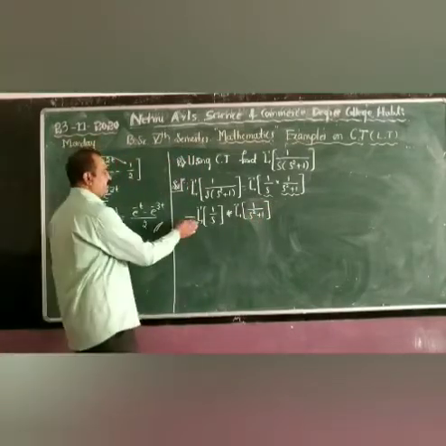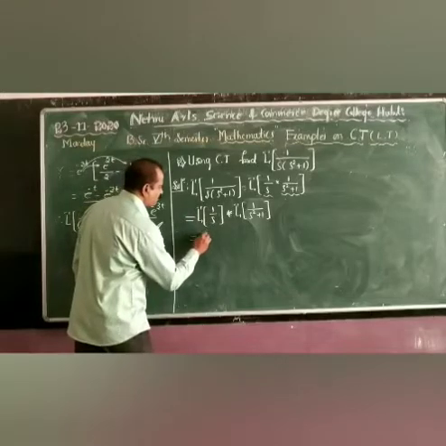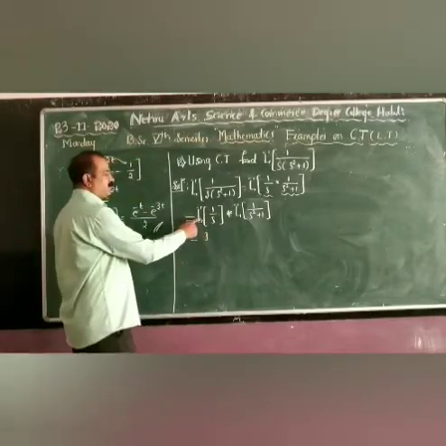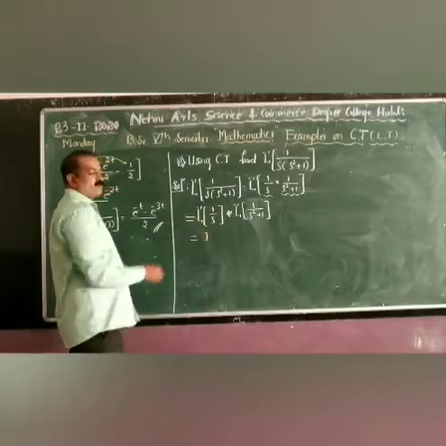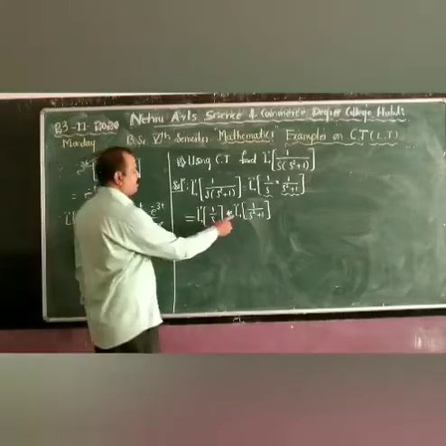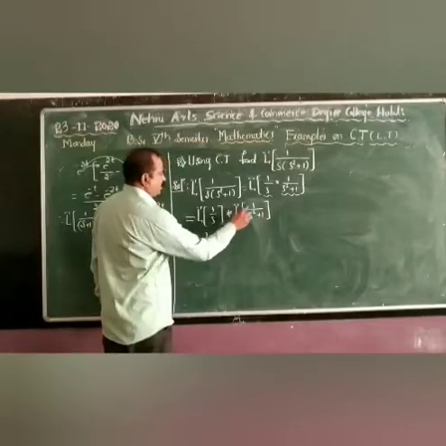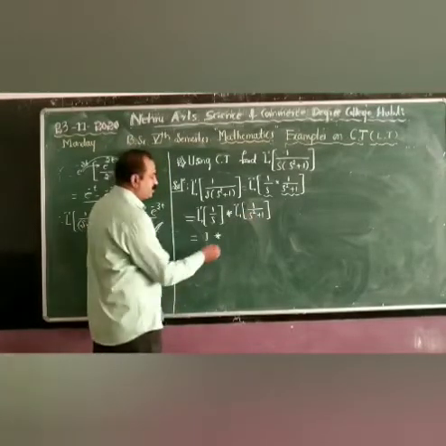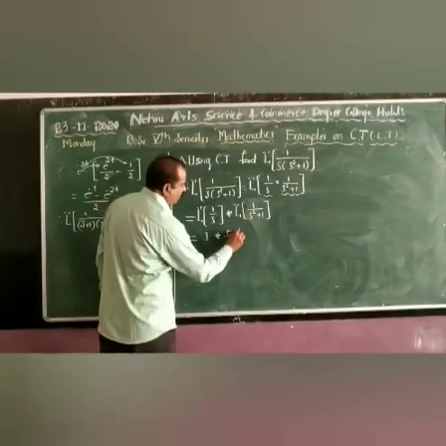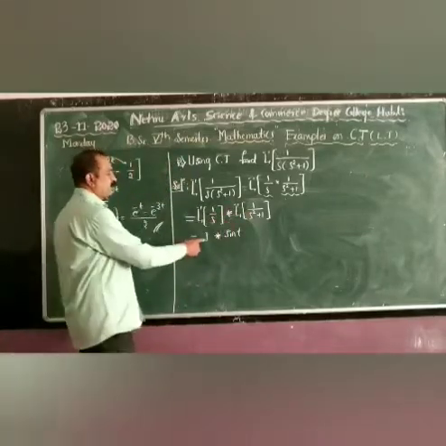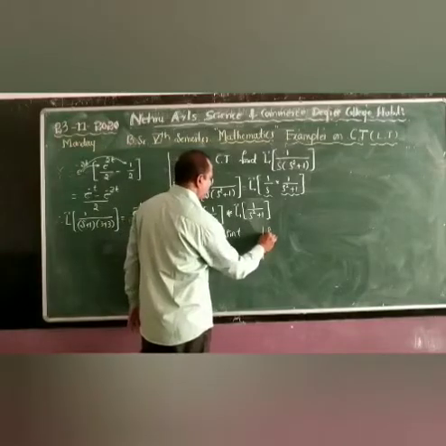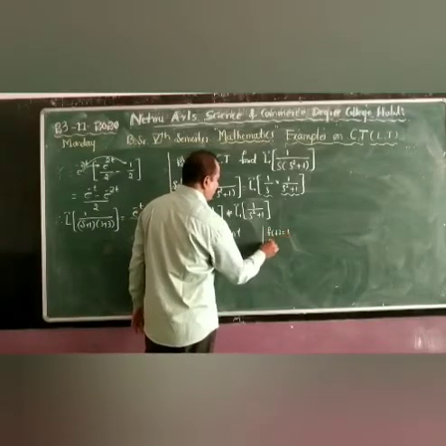So as you know, L inverse of 1 by s is 1, because L of 1 is 1 by s. Between that star, L inverse of 1 by s square plus 1 is the direct result sin t.